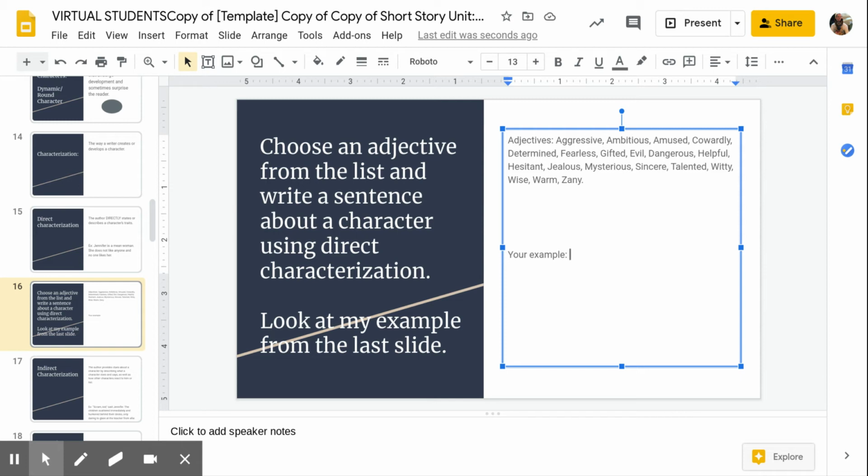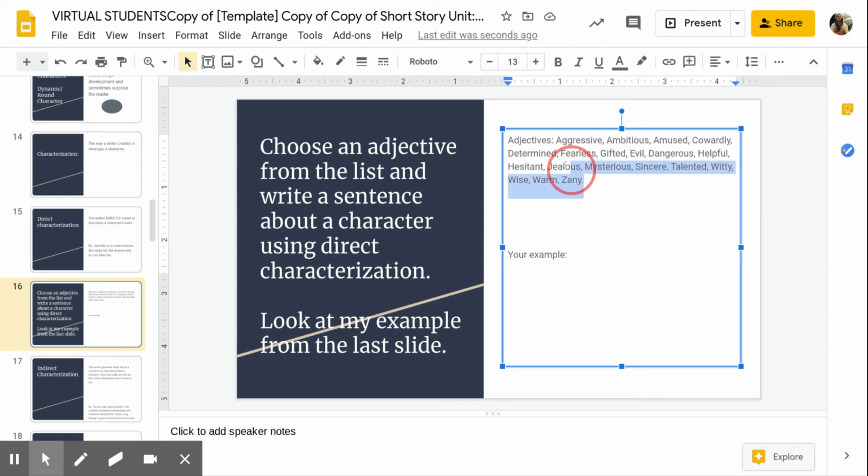So, for example, Billy Bob was happy because, yada, yada, yada. On this, you're just directly coming out and using an adjective from up here. Happy wasn't up here, I don't think.